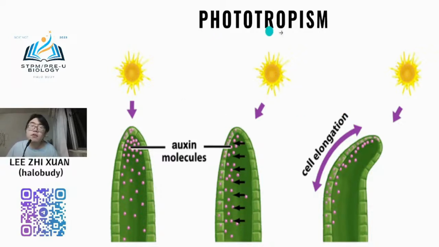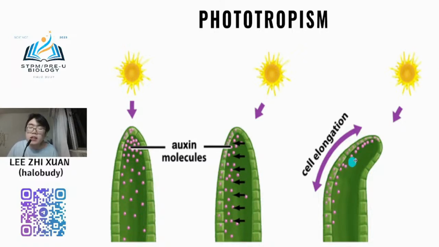This is phototropism, because this is the growth of the plant toward the sunlight. This is the shoot, the apical meristem of the shoot. Auxin is accumulated here. On a sunny day, the auxin molecules will accumulate at the darker side and elongate the cells on the darker side.